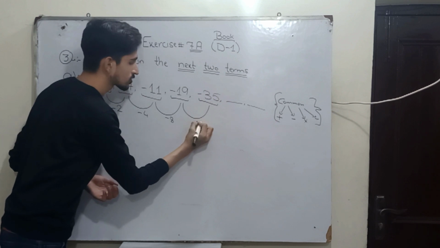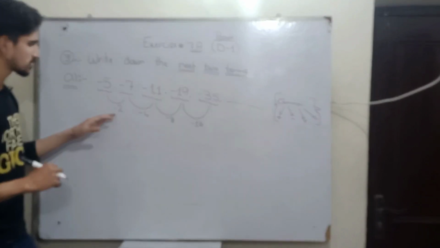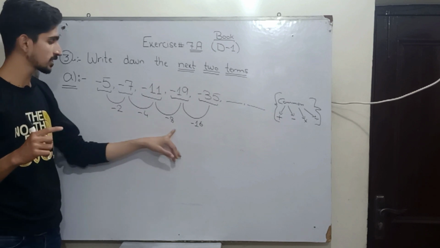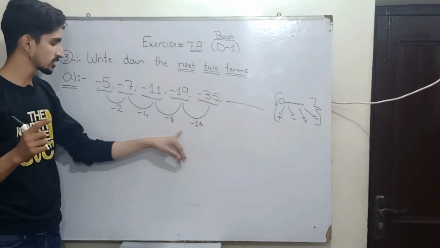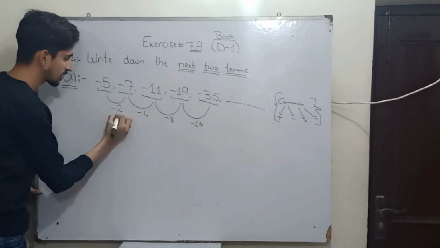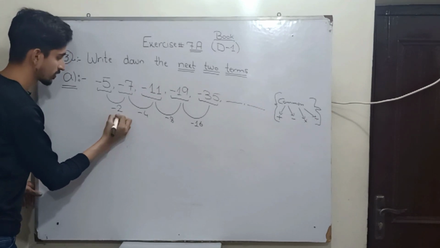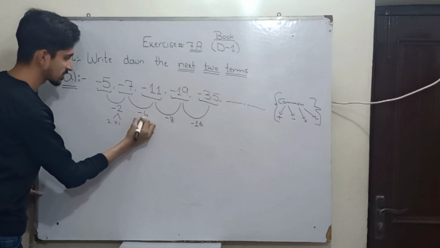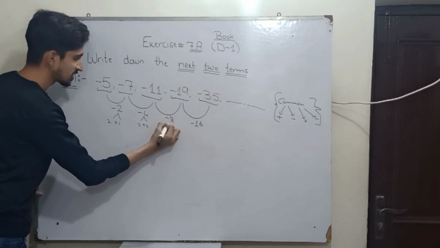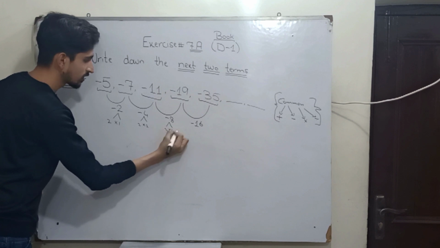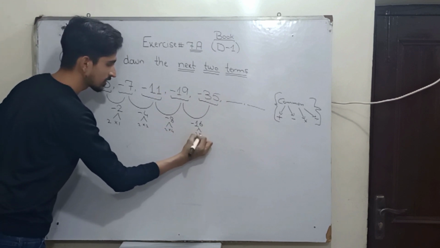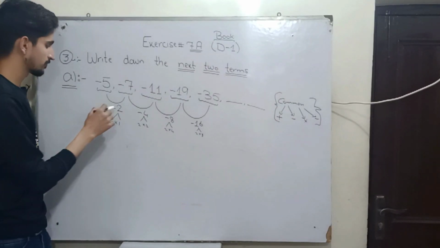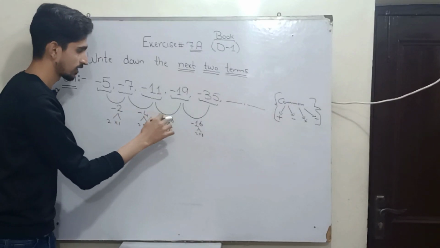Check: 2 twos are 4, 2 fours are 8, 2 eights are 16. So it is 2 multiplied by 1, 2 multiplied by 2, 2 multiplied by 4, 2 multiplied by 8. The previous term is also included, like 2, 4, 8.